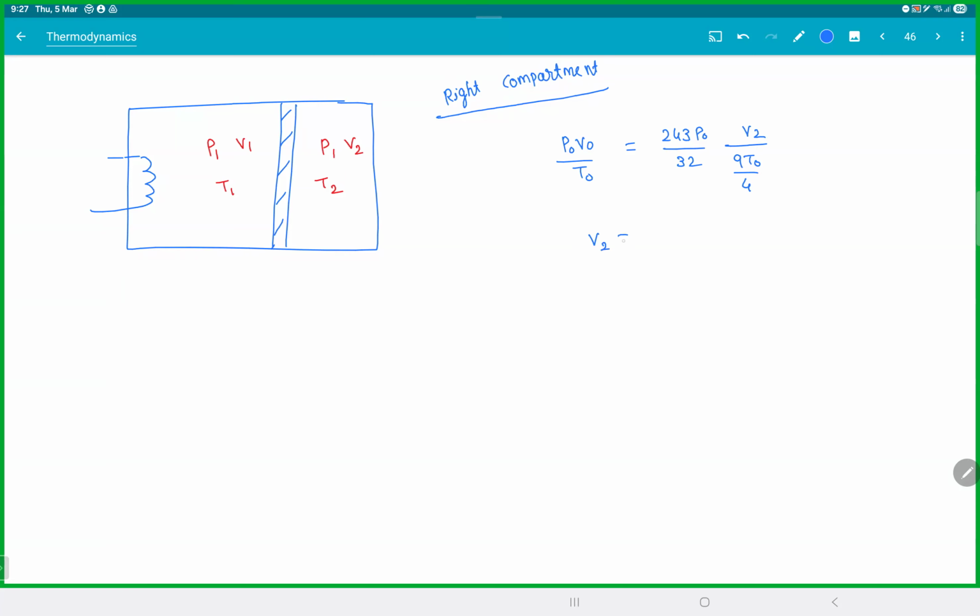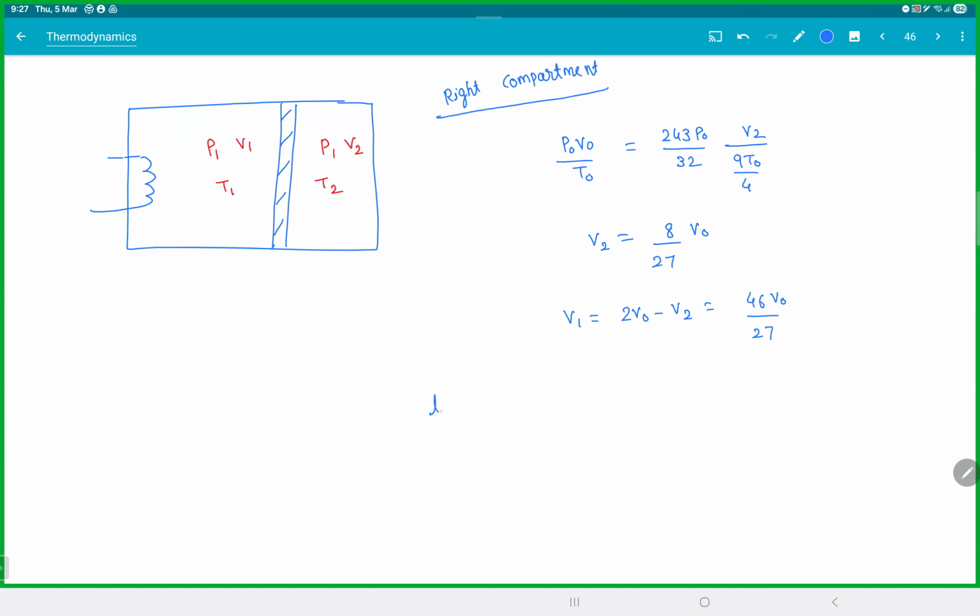From here we will get V2 is equal to 128 by 243, no, 8 by 27 V naught. Perfect. Then I'll know V1, because V1 will be 2 V naught minus V2. That is 46 V naught by 27.